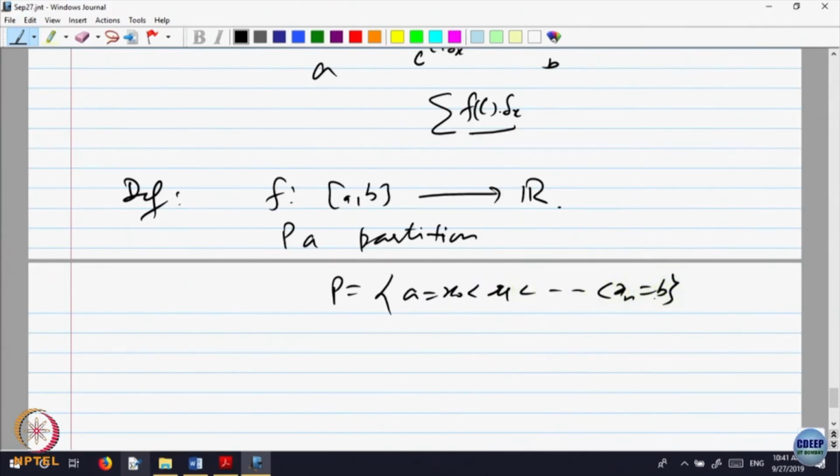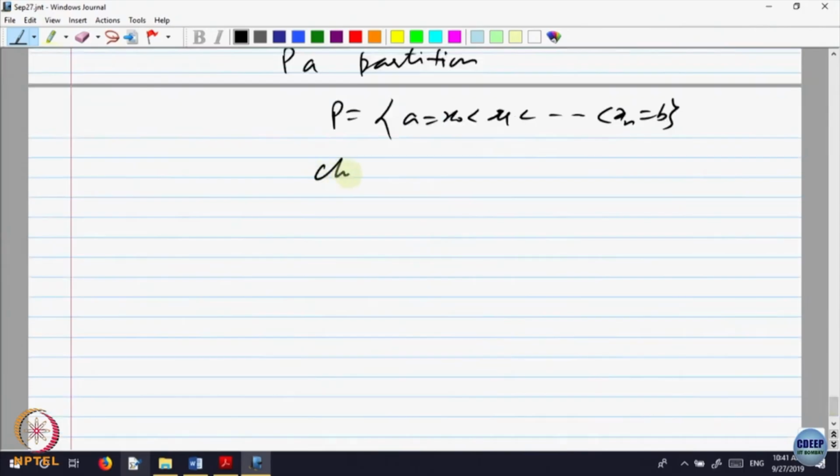Take any partition, and choose any point ci belonging to [xi minus 1, xi]. Take any point in that closed interval. Look at the height f of ci into the length.